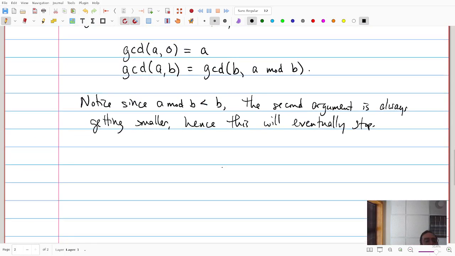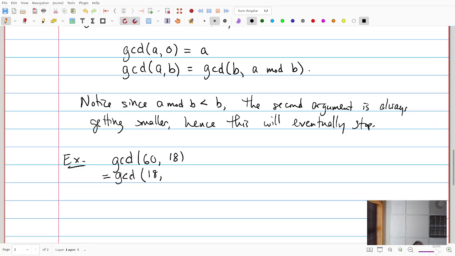So let's do some examples. Let's start with our good old standby of 60 and 18. We know this should be 6, but let's just see how it works. Well, 18 is not 0, so we can't use the first rule, so we use the second rule. By the second rule, this should be equal to GCD of B, which in this case is 18, and 60 mod 18.